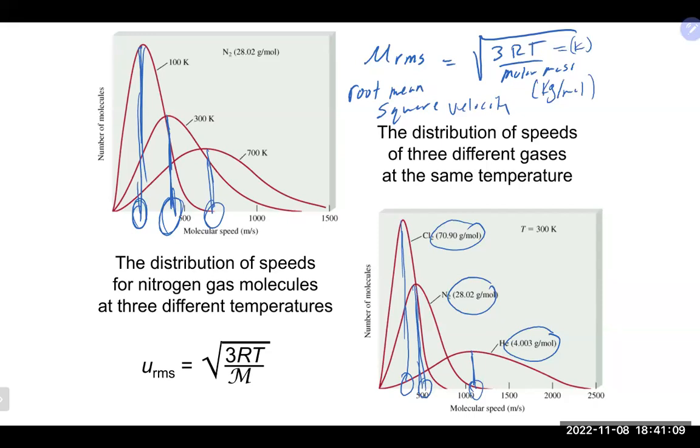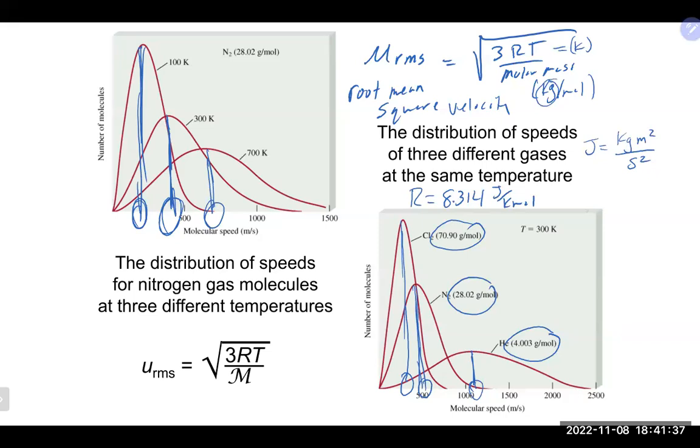And the reason for that is the R that we use here is actually the energy R, which is 8.314 joules per Kelvin per mole. And a relationship is a joule is equal to a kilogram meter squared per second squared. So that is what a joule equals. And that is really why the molar mass here needs to be in kilograms, so all the units cancel out correctly.